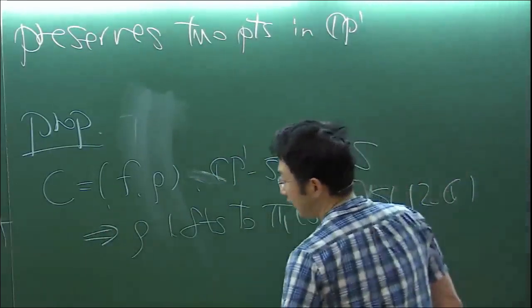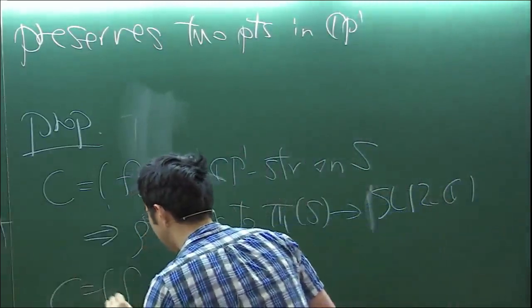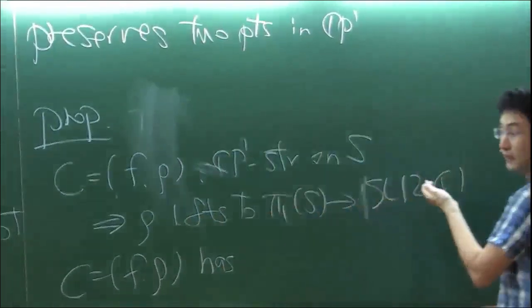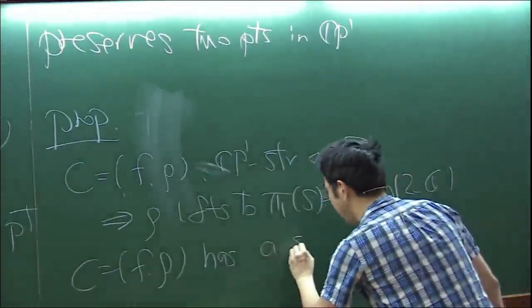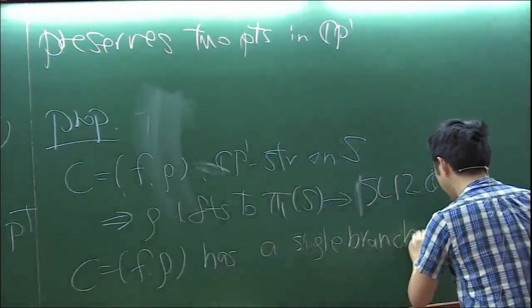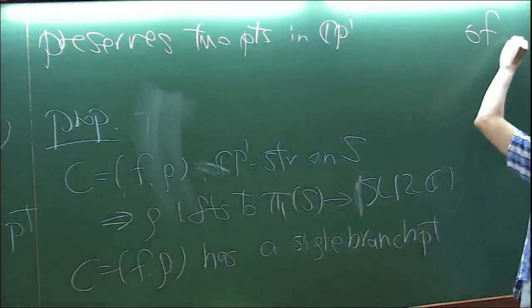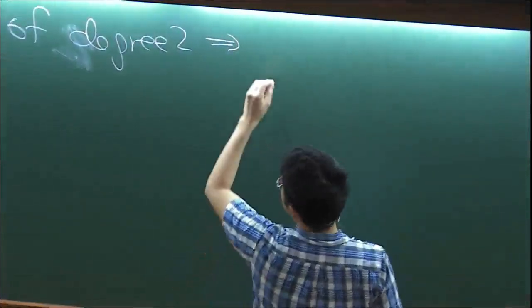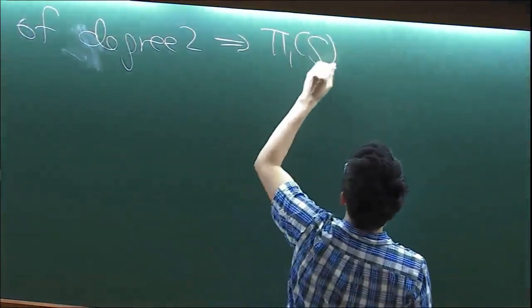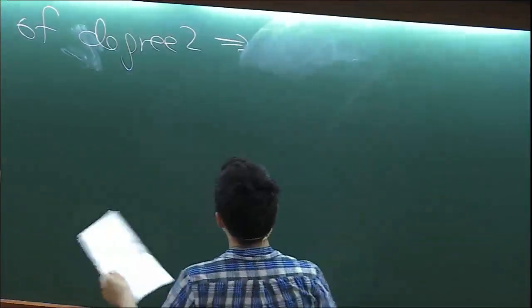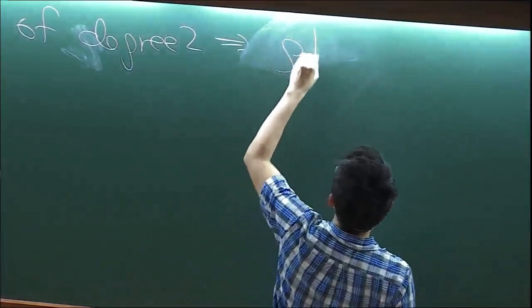And if C has now a CP1 structure on S with a single branch point of order 2, then this representation does not lift.